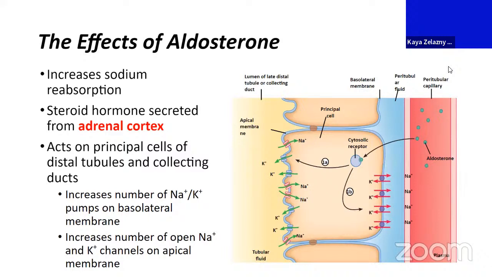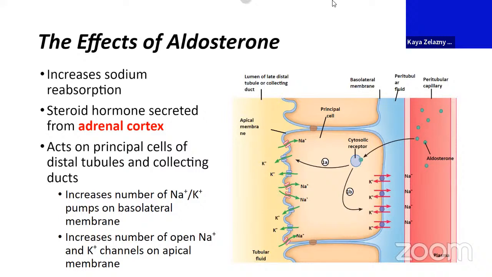So aldosterone increases your sodium reabsorption. It's a steroid hormone. It comes from your adrenal gland, which sits right on top of the kidney. Specifically, it's coming from the adrenal cortex, so that outer shell of the adrenal gland. And it acts on the cells of the distal tubule and the collecting duct. Specifically, it acts on principal cells, but let's not worry too much about cell types here.